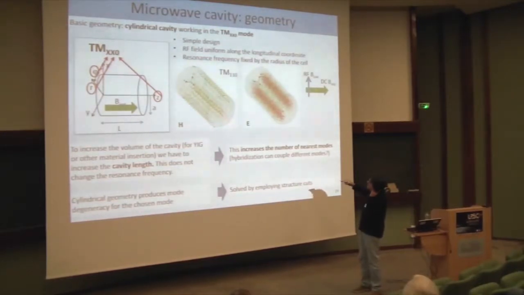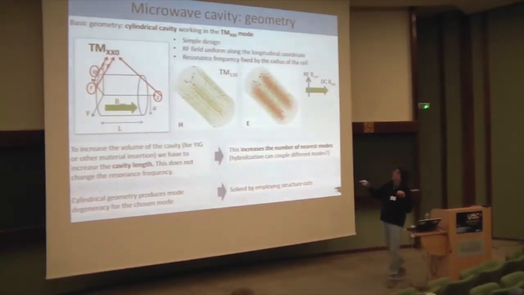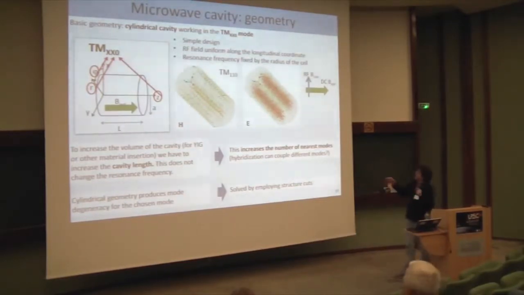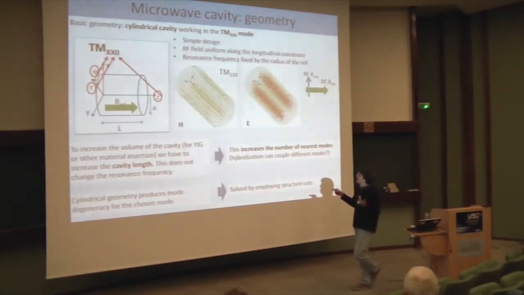So you can make this length as long as you want without changing the resonance frequency of the mode. And so we can fill it up with material in a zone of uniform radio frequency field. The external static magnetic field, which is used for the Larmor transition, can be put in this direction.